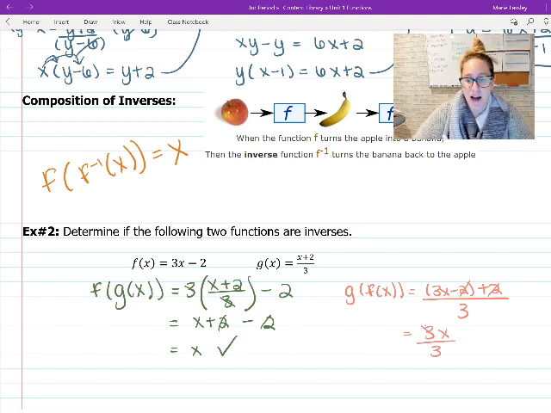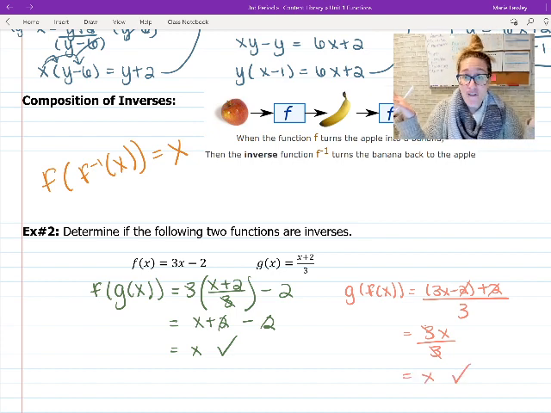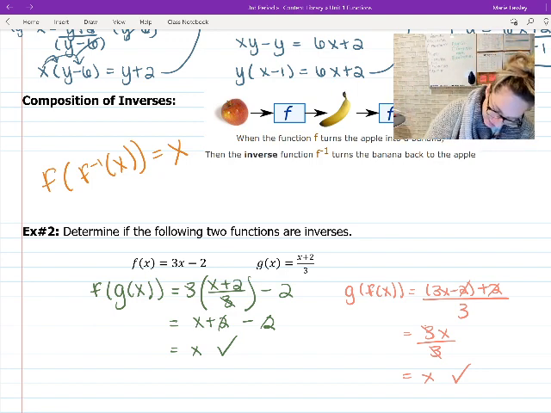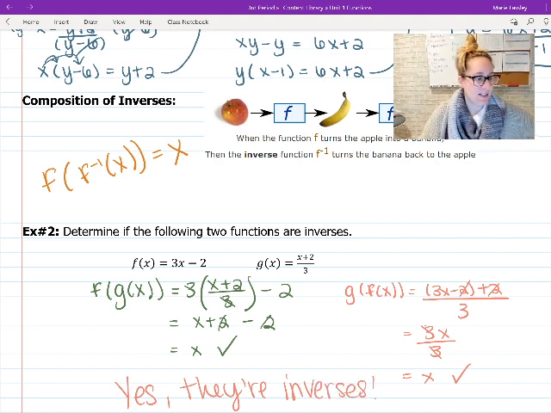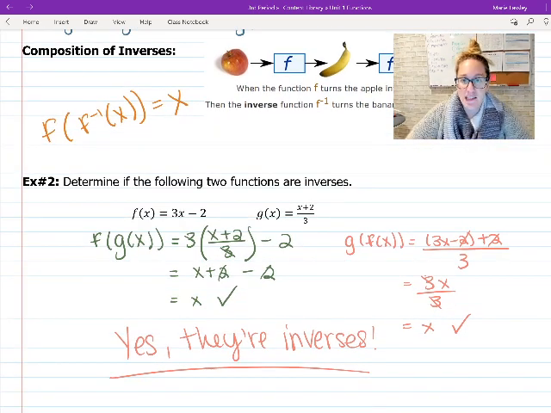Well, 3 over 3 is 1, so we're left with just x. Bam! Look at that. So fast. So yes, of course, they are inverses. That's all there is to it.